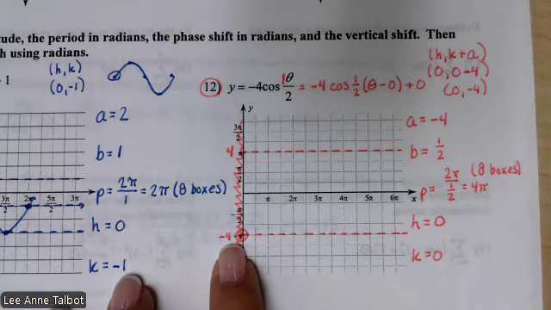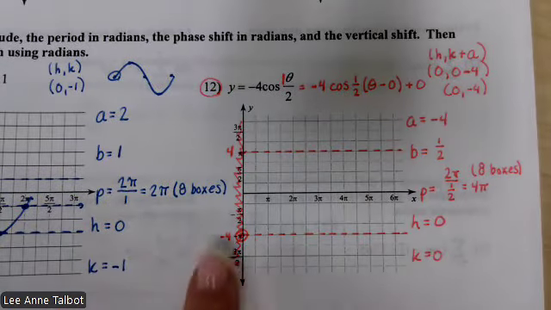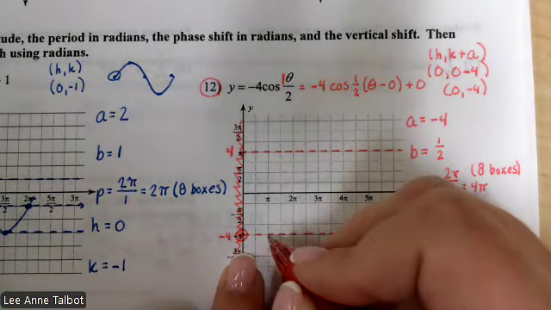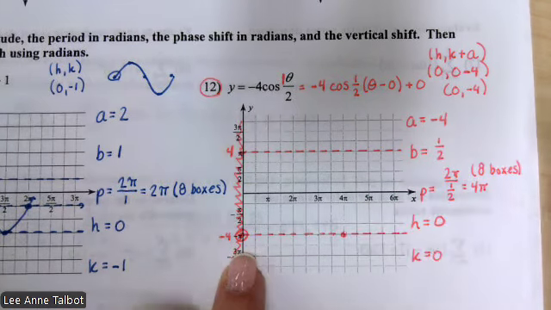Does that make sense for this graph? Yes, because it's negative cosine, so it should start at the bottom. The period is 8 boxes away. 1, 2, 3, 4, 5, 6, 7, 8.